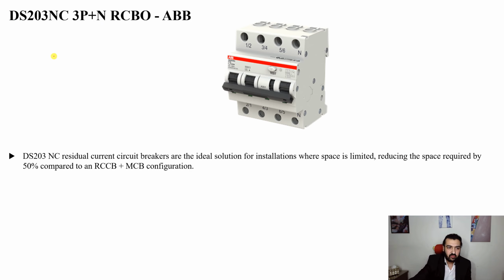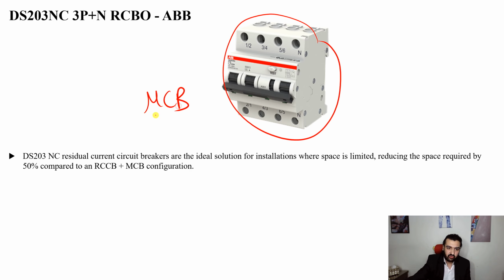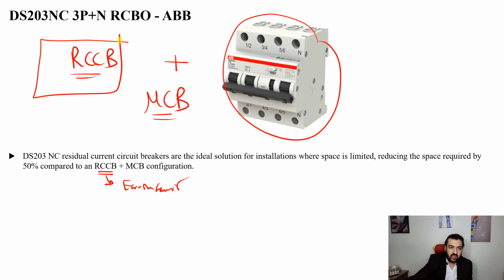So you can see that instead of having a unit like this as an MCB, a miniature circuit breaker, plus an RCCB, which is a residual current circuit breaker, which is only used for earth fault, as we discussed in previous lessons. So instead of having one unit like this and another unit like this, now we combine. ABB gives this model that combines two in one device, which saves the space by 50%.